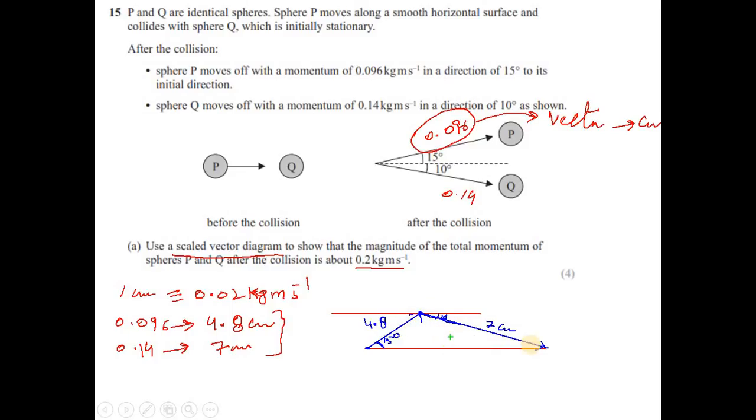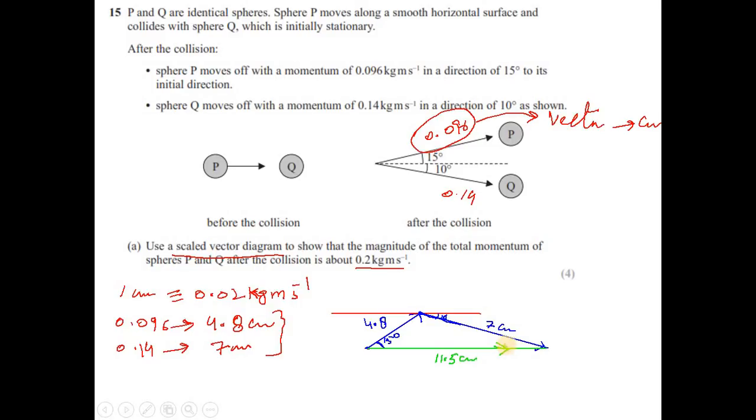Clearly the resultant vector is from the tail of the first to the head of the last, like that, and you mark the arrow. This is your resultant vector. If you measure this length with the ruler, it will be around 11.4 or 11.5 centimeters.